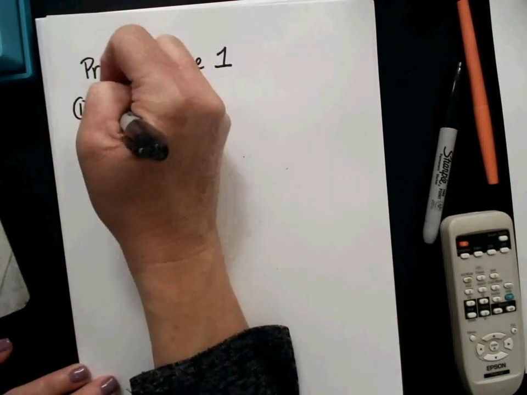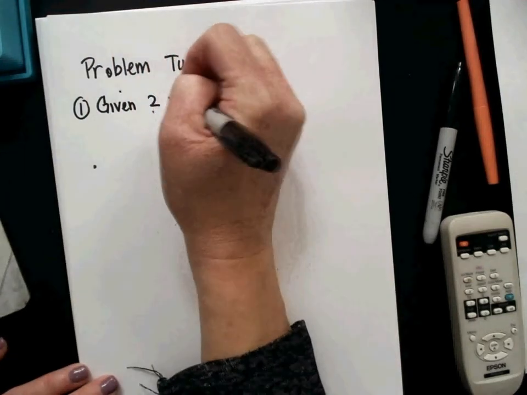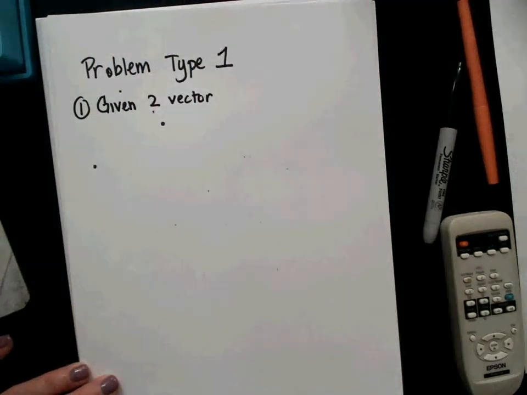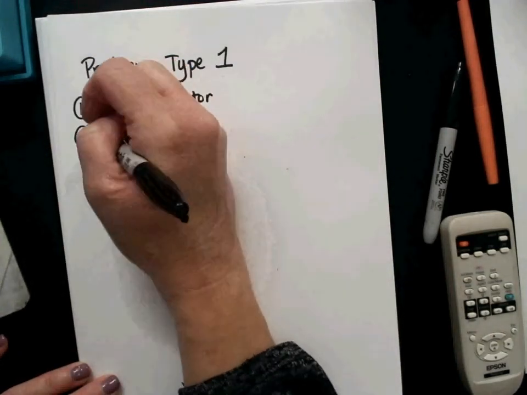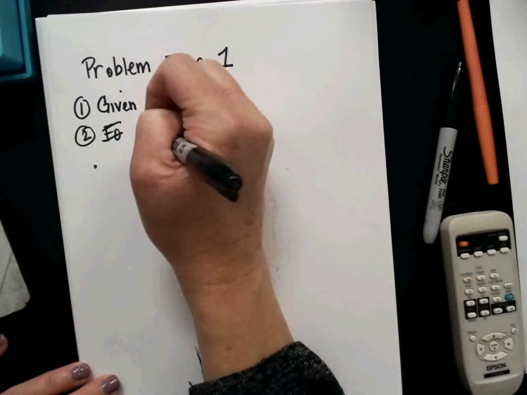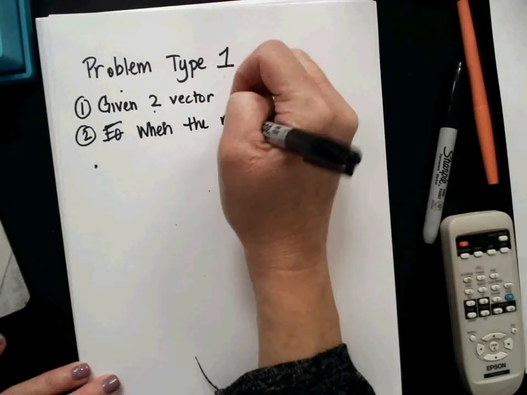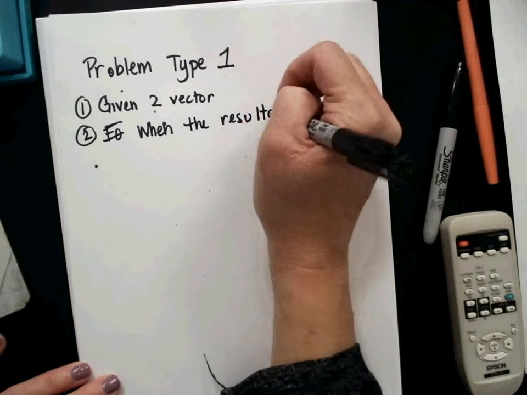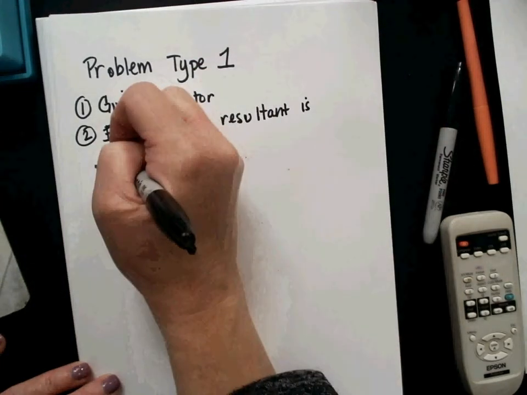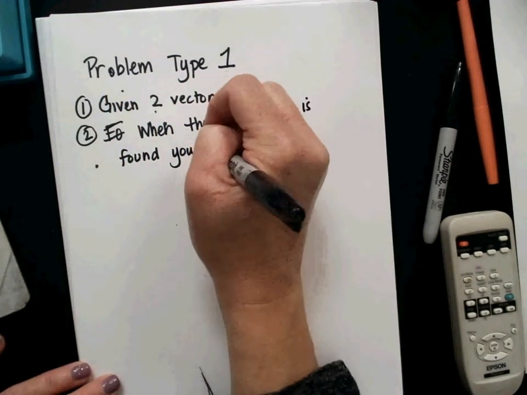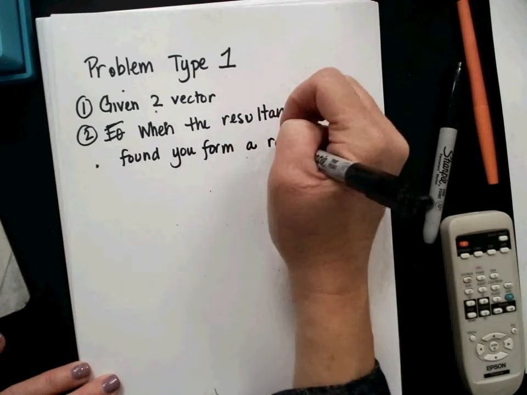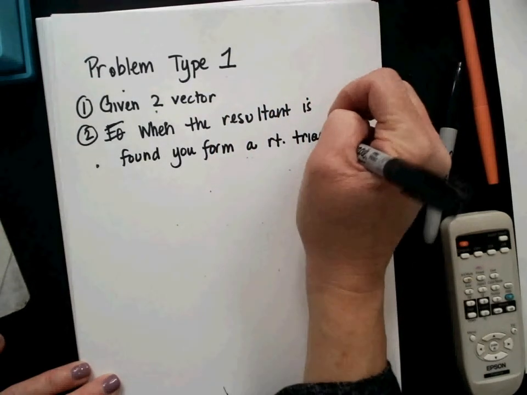First of all, in this one you will be given two vectors, and when the resultant is found, you form a right triangle.